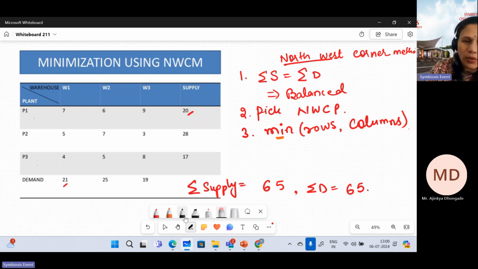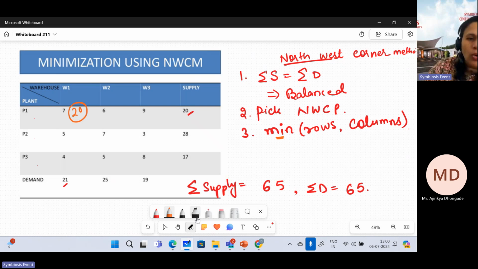What is this 20 going to indicate? This 20 indicates that I can transport 20 units from P1 to W1 at a per unit cost of 7. So the moment you have made the allocation of 20, this P1, which had a supply of 20 units, is over.